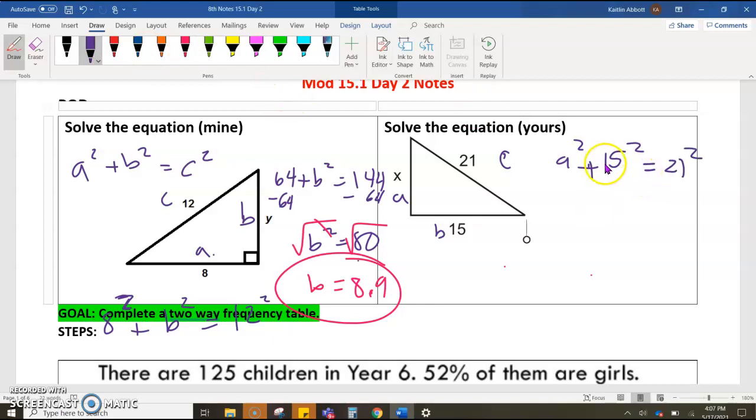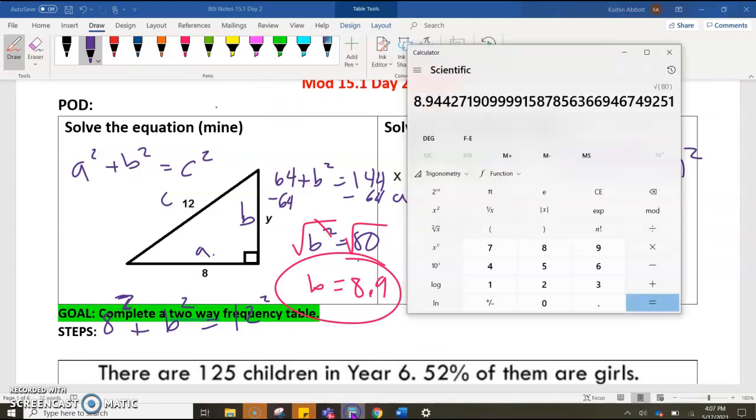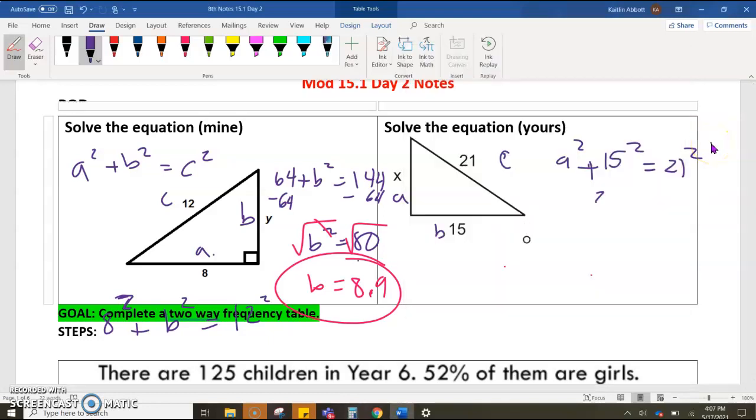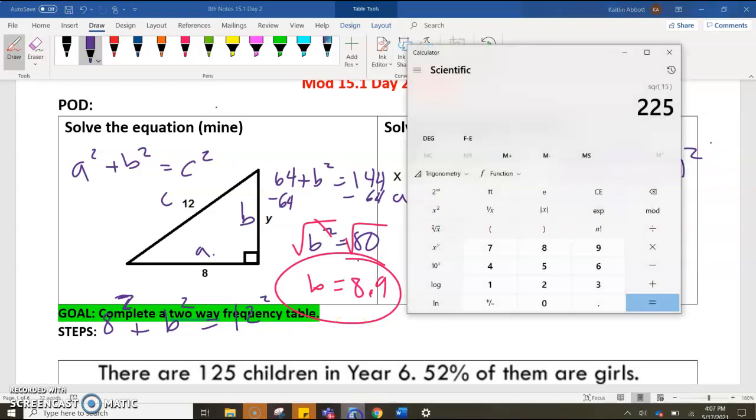All right, so now let's solve these. So 15 squared, 225. They bring that a squared down, equals 21 squared. 21 squared is 441.